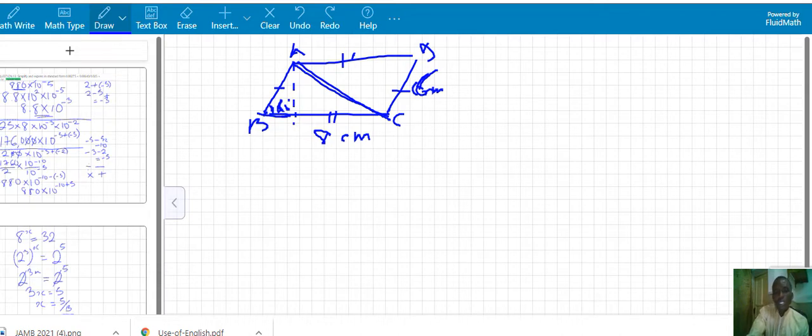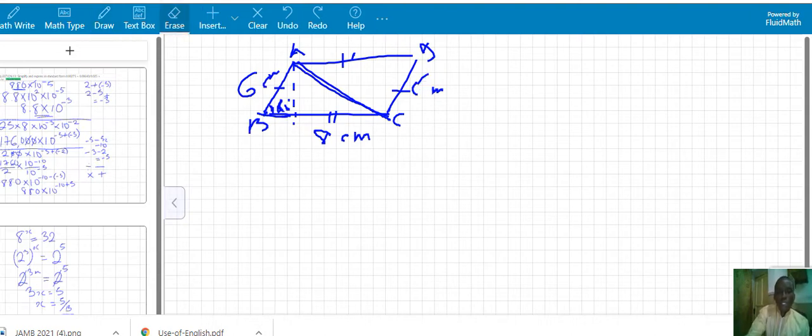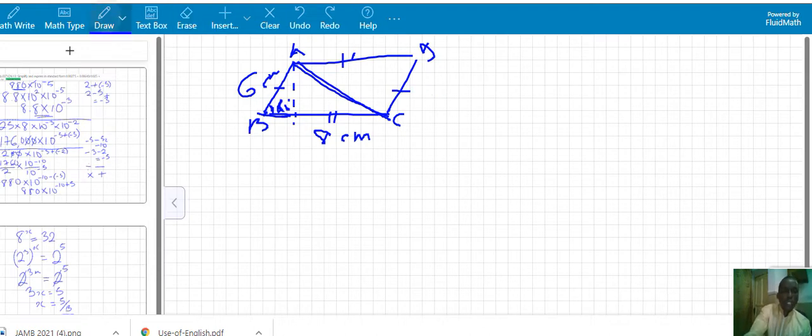This is 8 centimeter, and this is 6 centimeter. This will also be 6 centimeter, and this is 8 centimeter. So these are the points we want to look at.